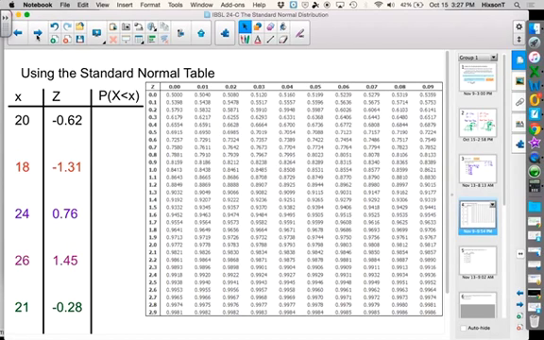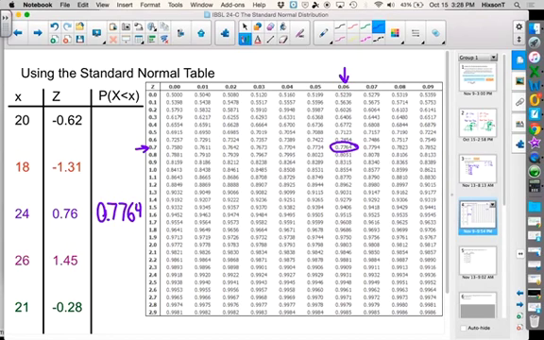Okay, so we come down here. Here's 0.7. Here's the 0.06. All right, so 0.76 is going to be this right here. So the probability here is 0.7764. That means this value of 24 is greater than 77.64% of all the rest of the data.